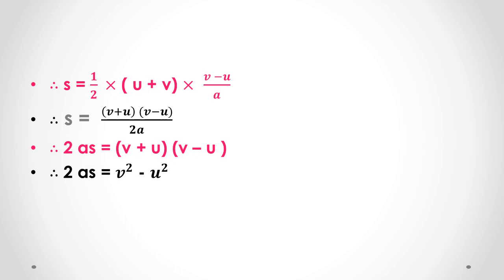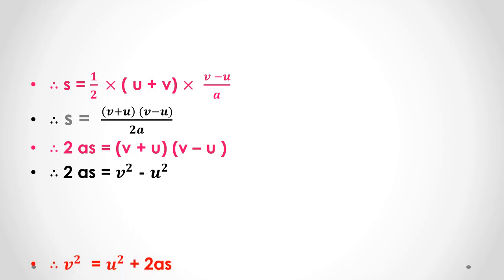Students, I hope you know this formula, that (a plus b) multiplied by (a minus b) equals a square minus b square. This is a mathematical formula. Just imagine that instead of a we are writing V, and instead of b we are writing U. So our formula becomes V square minus U square.